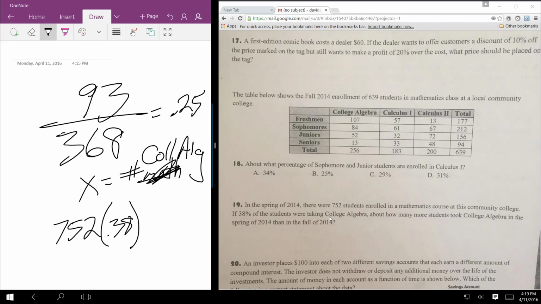What is that number? That's the number of students that were taking college algebra in the spring. What is it? Should be a whole number. 285.76. You sure you did that in the calculator? Hold on.